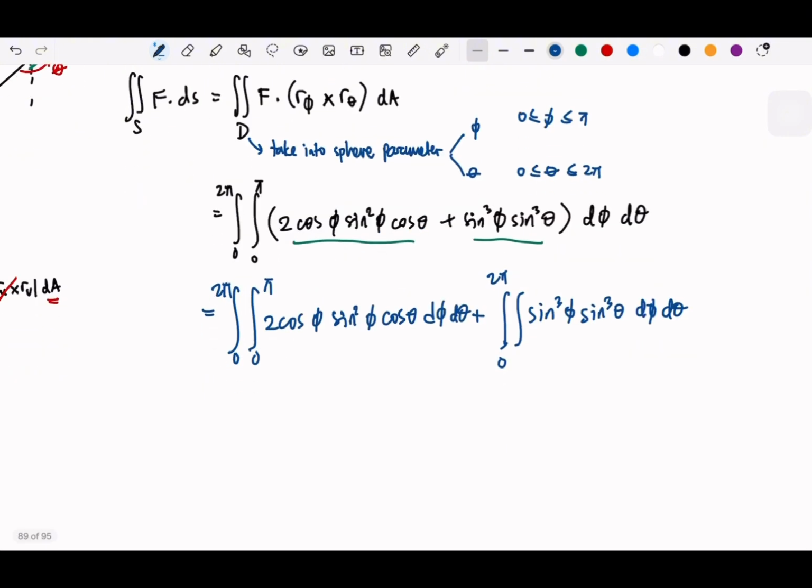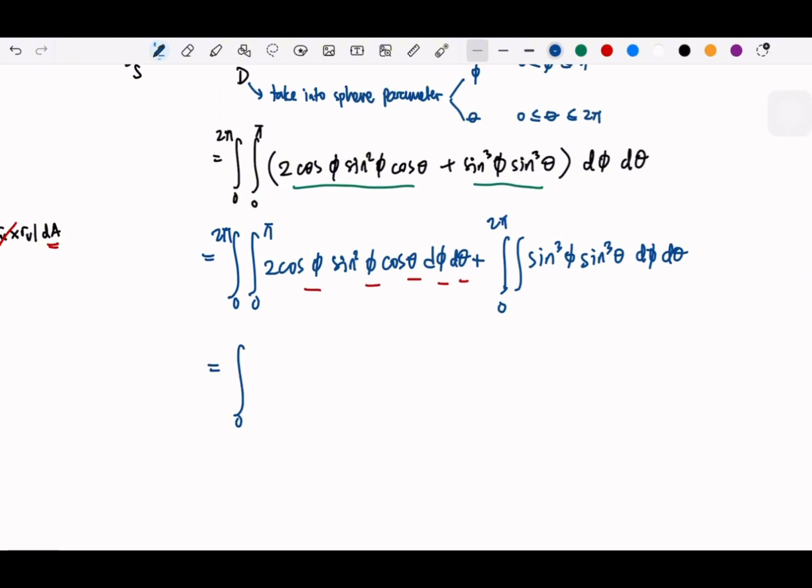And then based on the angle variable, we can separate by taking the Fubini theorem, if you remember. So we can take this for theta, so cos theta d theta, from 0 to 2 pi, and maybe factor out 2.